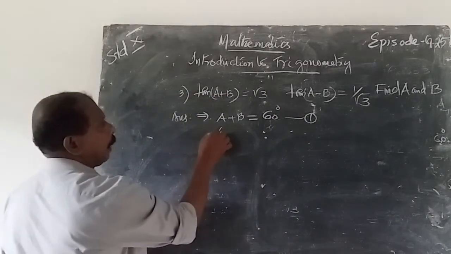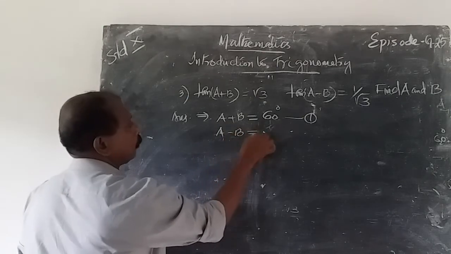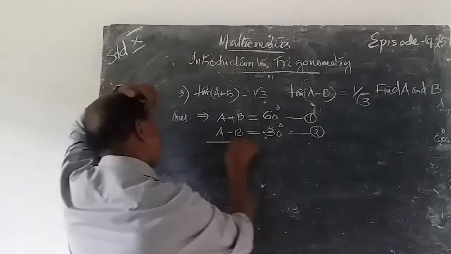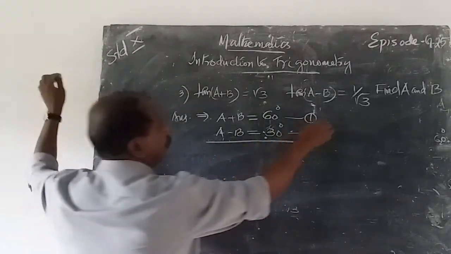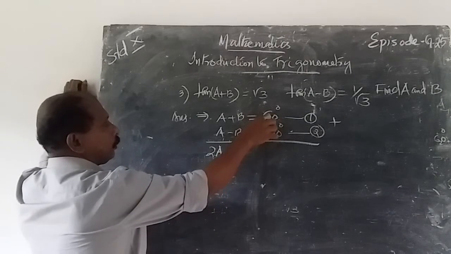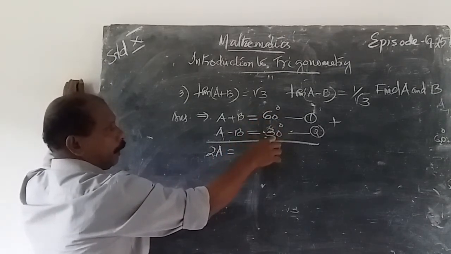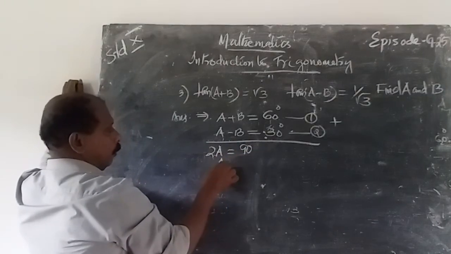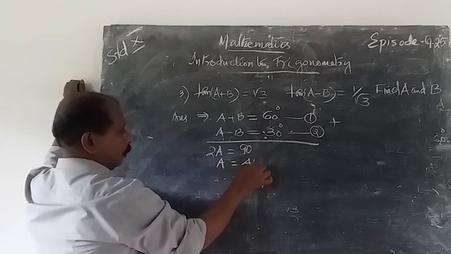Therefore, a minus b is equal to 30 degree. Equation number 2. Adding these two, we get 2a is equal to 60 plus 30, that is 90. Therefore, a is equal to 45 degree.